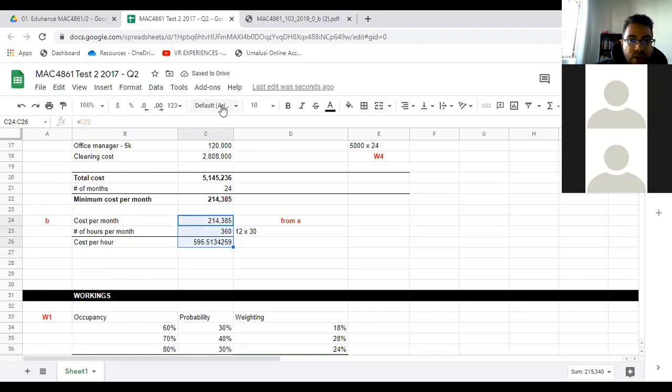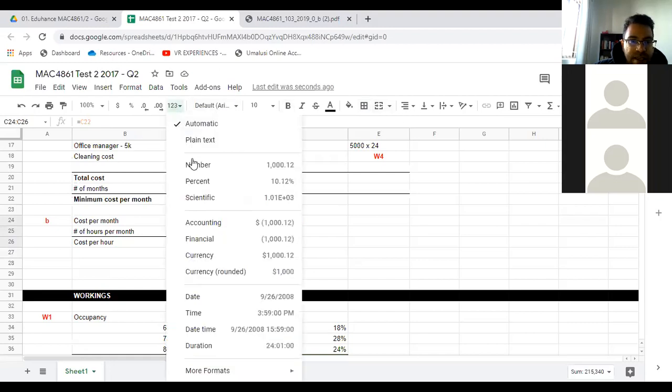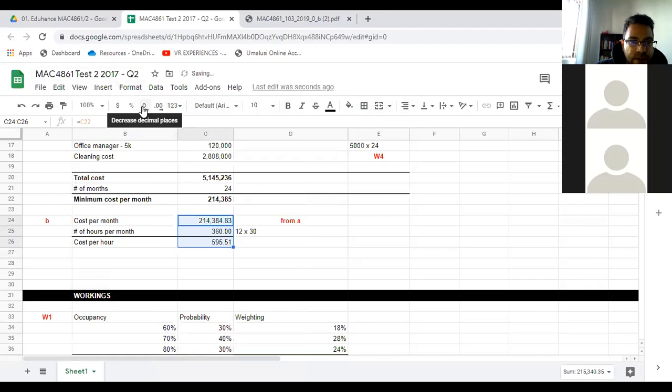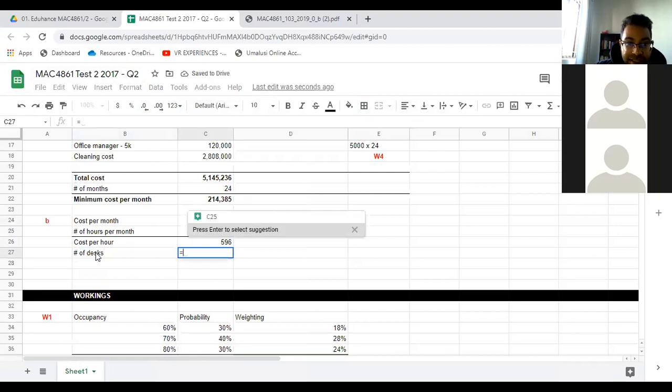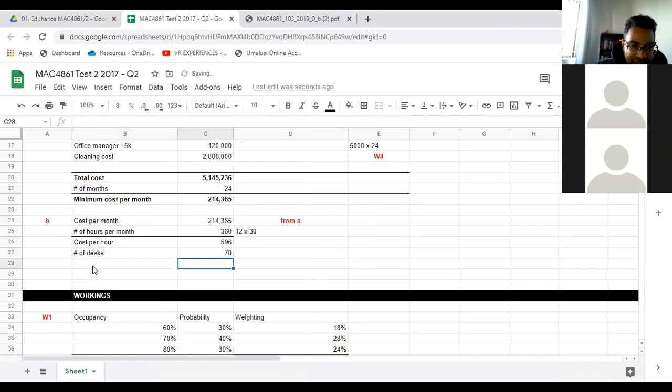But we needed to work out per desk, okay? So therefore, we're going to say number of desks. We don't divide by 100, we're going to divide by 70 desks, because remember, the occupancy is only 70.